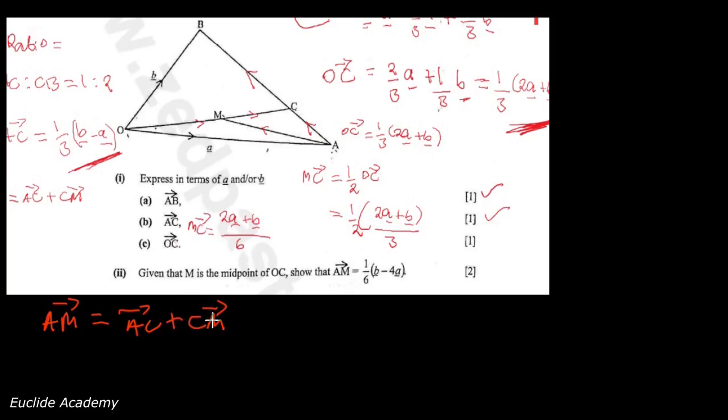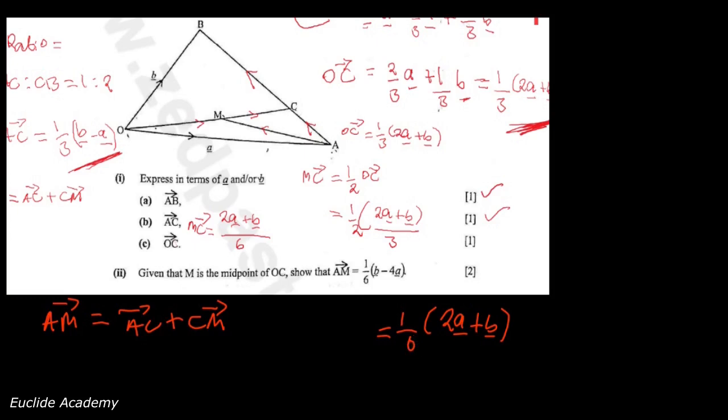We have to flip MC to become CM. So we'll introduce a negative, and then this will be 2 over 6, not 2 over 6, that is 1 over 6 multiplied by (2a + b).